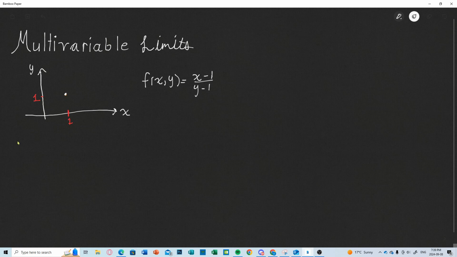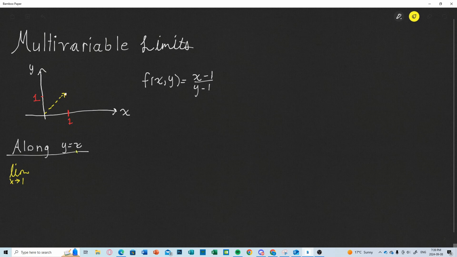We could have x equal to 1 or y equal to 1, but the first one we're going to do is go along the line y equals x. We will do this in yellow, and this is going to be our yellow line. So we're going to find the limit as x approaches 1.